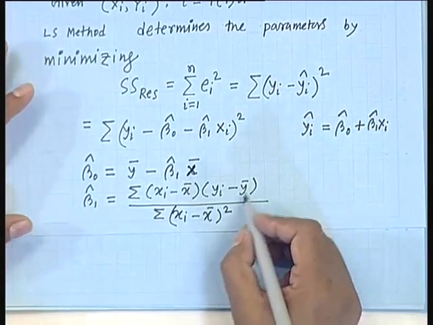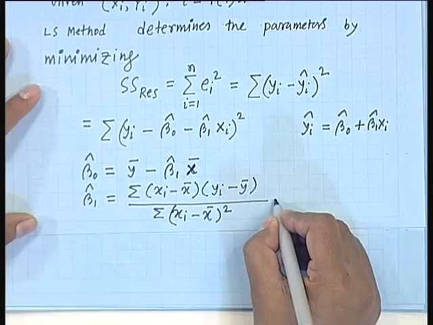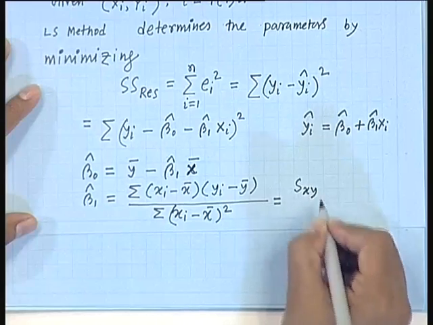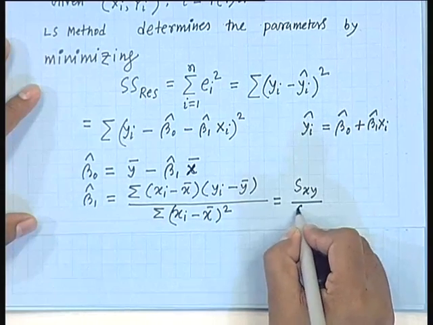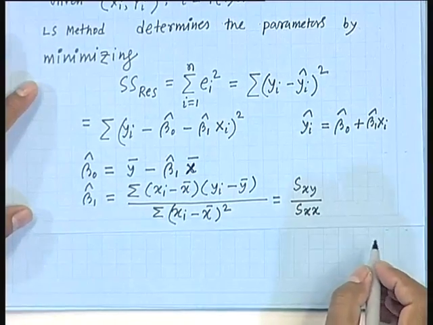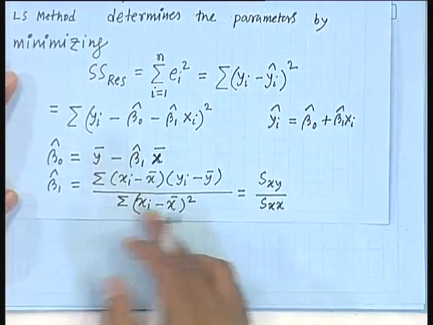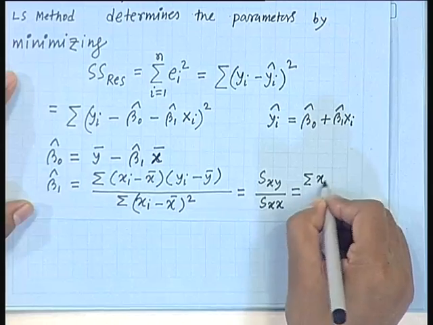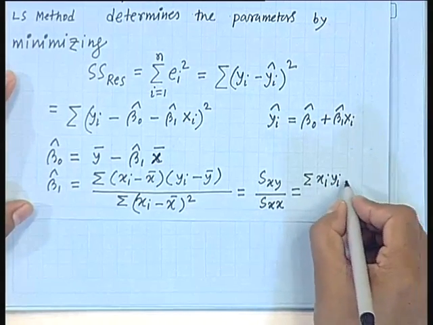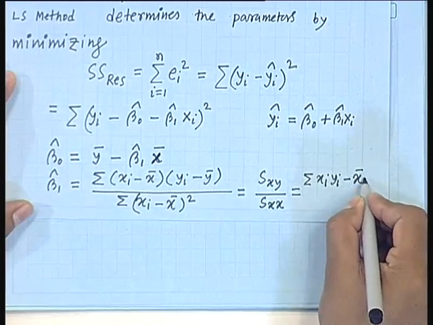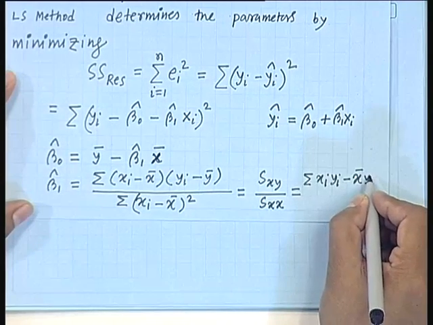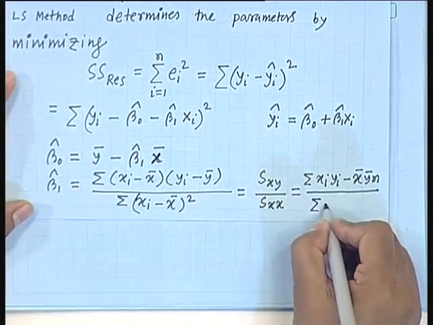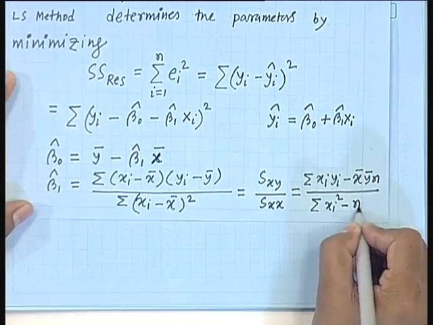This quantity is also denoted by the symbol Sxy by Sxx, and this can also be written in the form summation xi yi minus n times x bar y bar, divided by summation xi square minus n times x bar square.